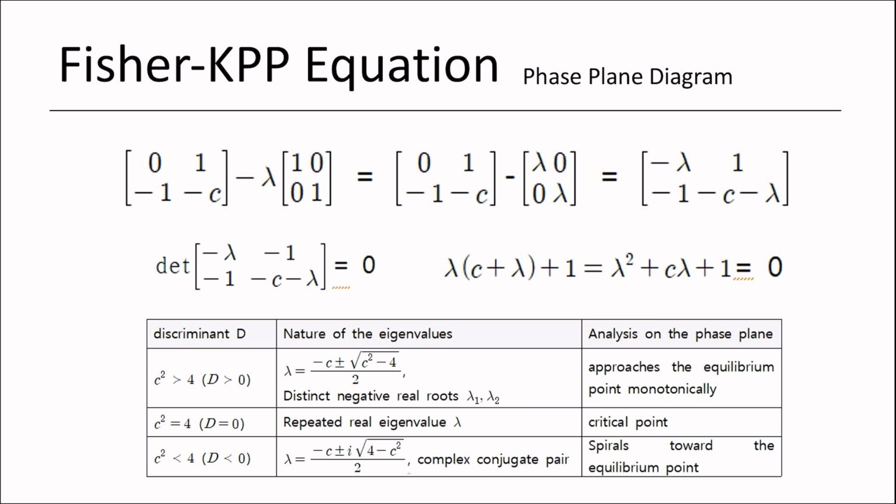We do this by subtracting lambda times the identity matrix from the Jacobian matrix and calculating the determinant. This leads to a quadratic equation in lambda, where the solutions, the eigenvalues, determine the system's stability. The key point here is the discriminant D of this quadratic equation. Depending on whether D is positive, 0, or negative, the nature of the eigenvalues changes. So by examining the eigenvalues and discriminant, we can classify the system's behavior and visualize how trajectories evolve on the phase plane.